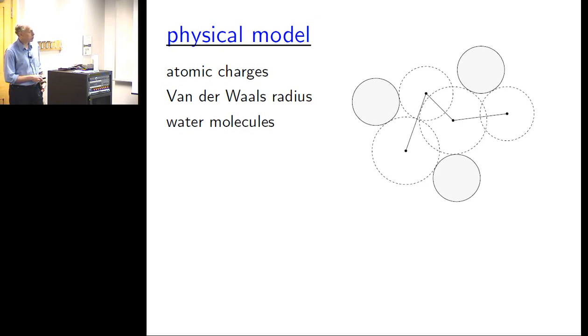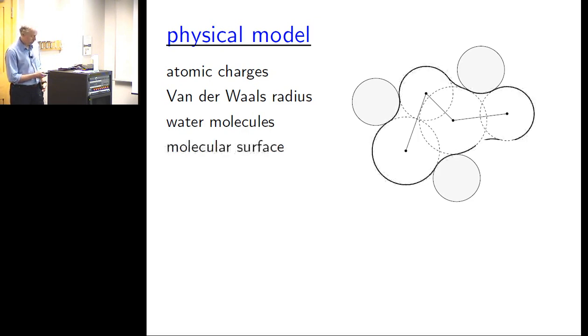So just imagine all of these spheres. Imagine this sphere rolling along the van der Waals surface. That's going to create a molecular surface. That's this dark line that you see here. So that's the envelope of a rolling sphere. The sphere represents a solvent molecule. Okay, this molecular surface is also called the solvent-excluded surface.